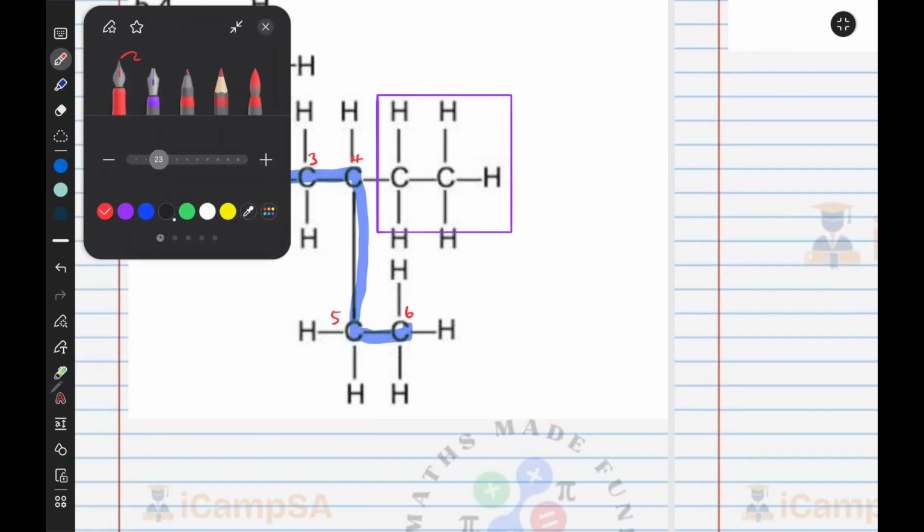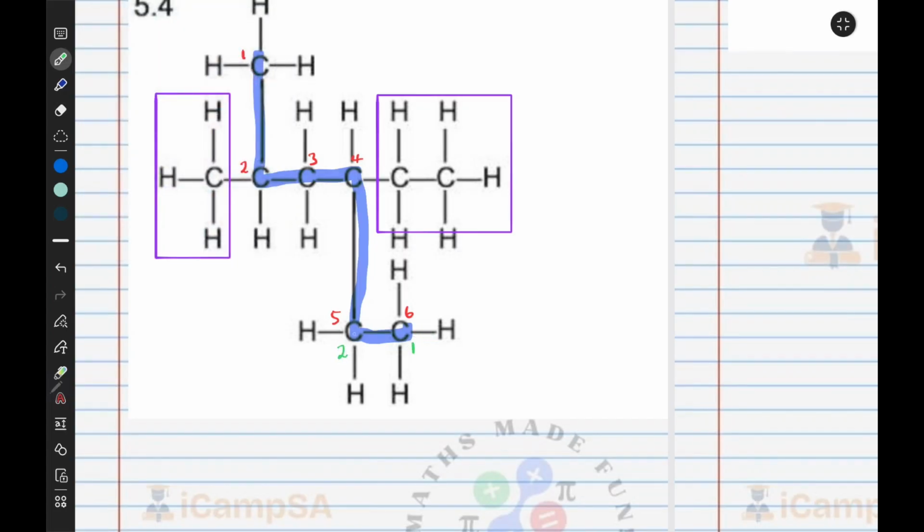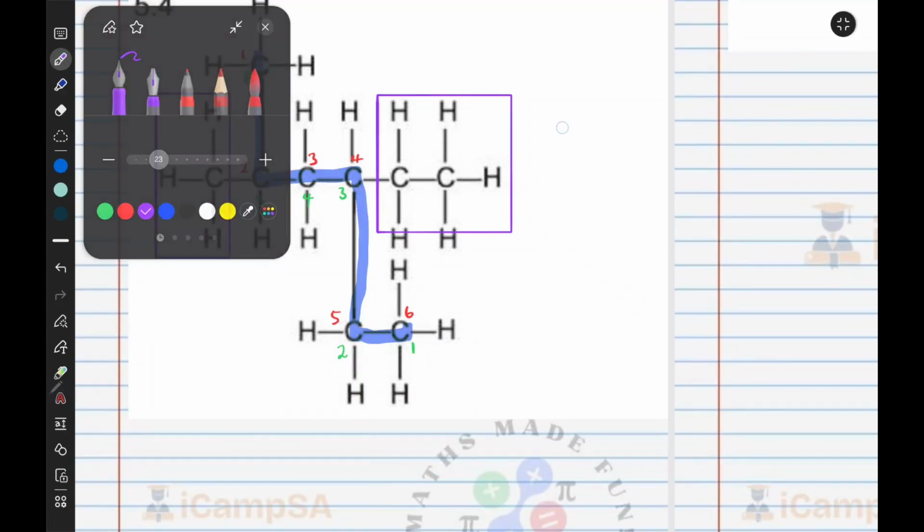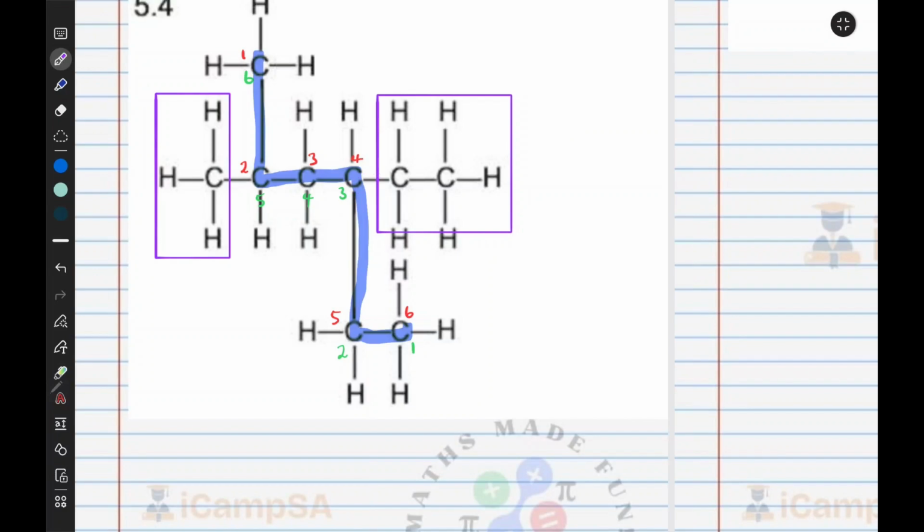Then if I number the other way around from down to up, I get this 1, 2, 3, 4, 5, and 6. So since I want to give ethyl the preference, this will be 3-ethyl so that it gets the lower number, right? And then methyl then would have to be 5-methyl.